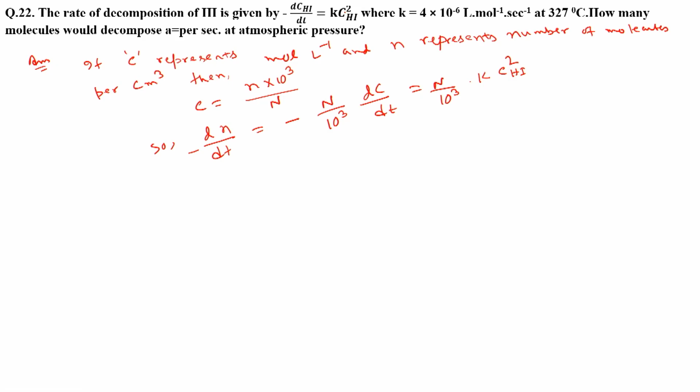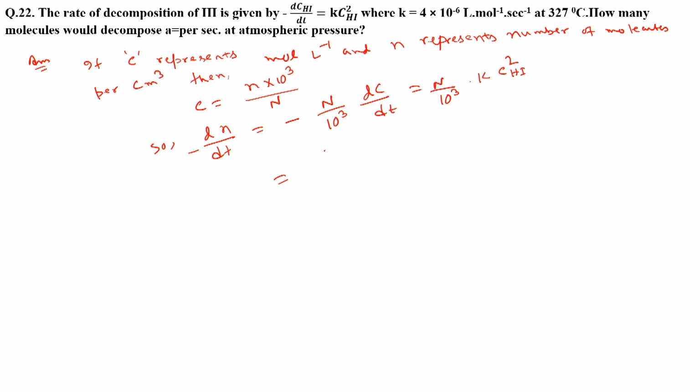Okay, so minus dC by dt is given by k times C square. This is minus dn by dt. Now we substitute the values here.